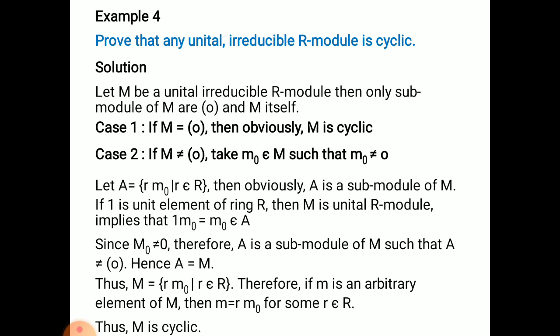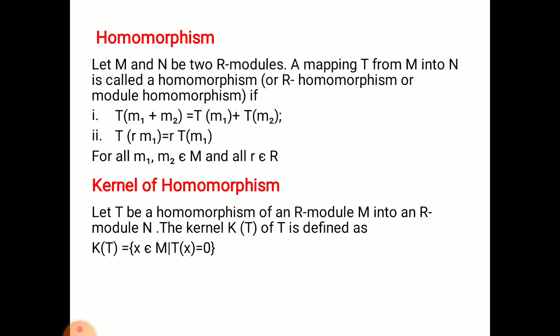Now in the next lecture, we shall see homomorphism of modules. Already we have seen homomorphism in case of groups, homomorphism in case of ring theory, and also homomorphism of vector spaces. In a similar manner, in the next lecture we shall see what a homomorphism of modules is, then its kernel and like that.